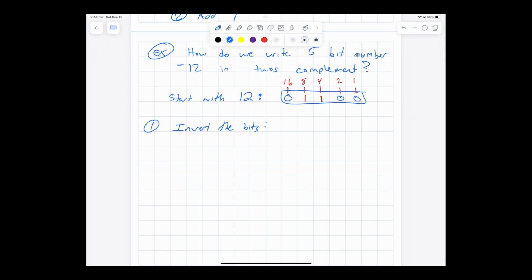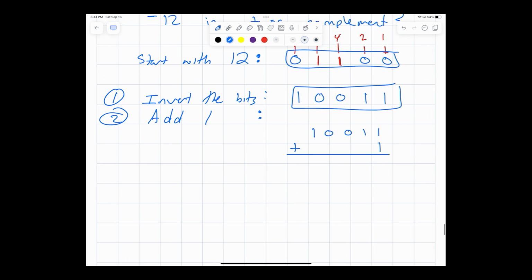So we're just switching every single bit. So you go 1, 0, 0, 1, 1. Okay. So we inverted all the bits. And then your second step is going to be add 1. So you have 1, 0, 0, 1, 1, and then we have to add 1. This involves carrying and everything else like normal, so you have to know how to add.